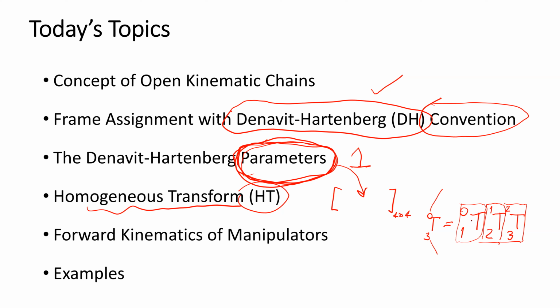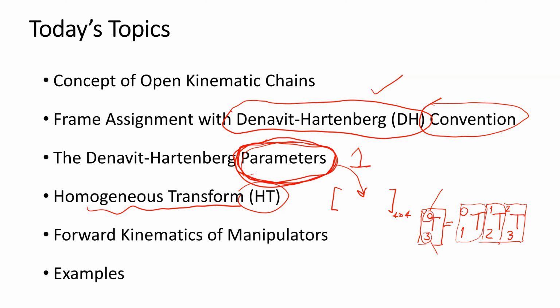If we compute the product of these homogeneous transform matrices, finally we can relate the end effector, the final link, to the global reference.